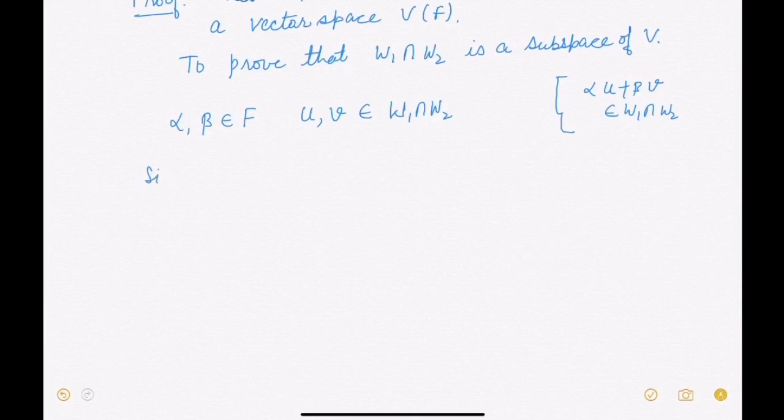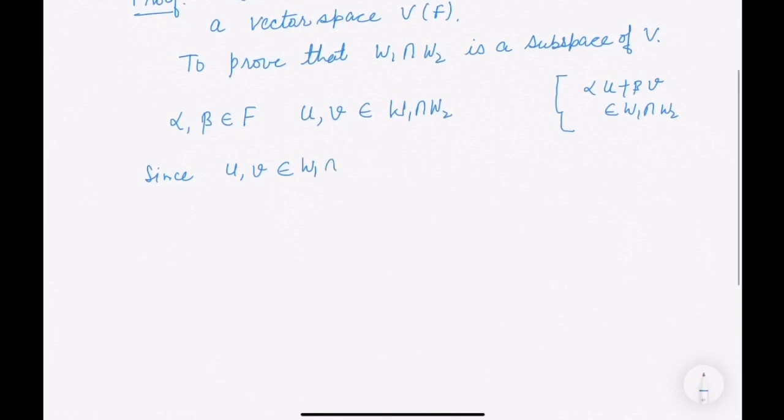So since U and V belong to W1 intersection W2, this implies U, V belong to W1 and U, V belong to W2.